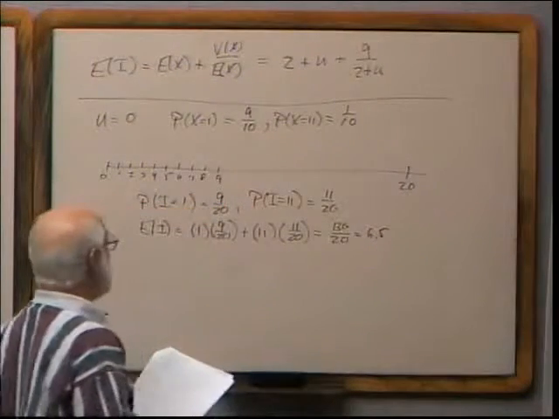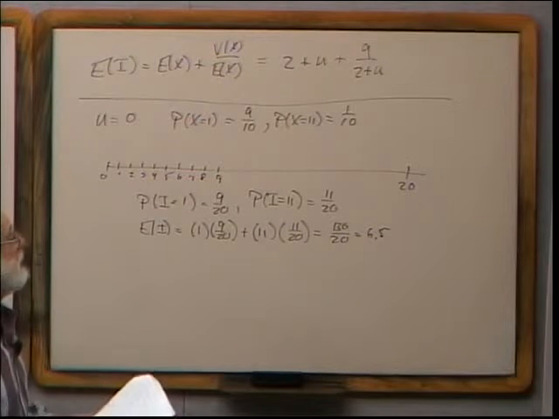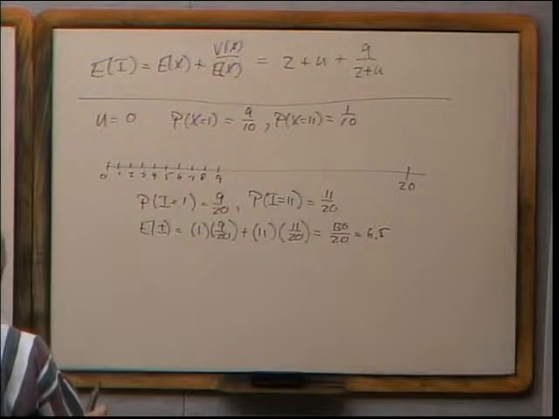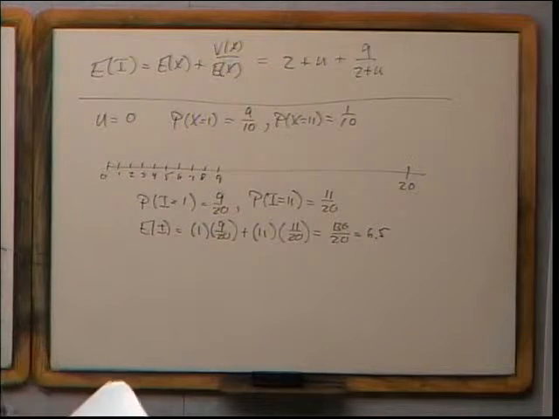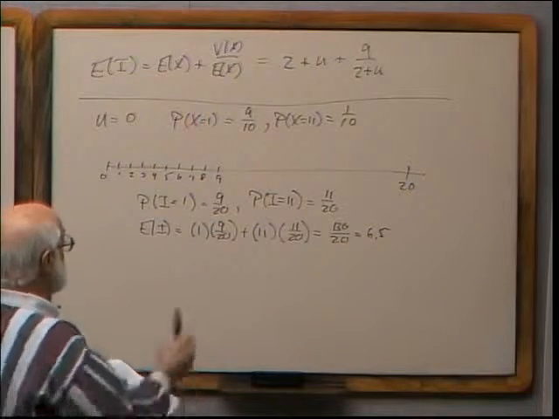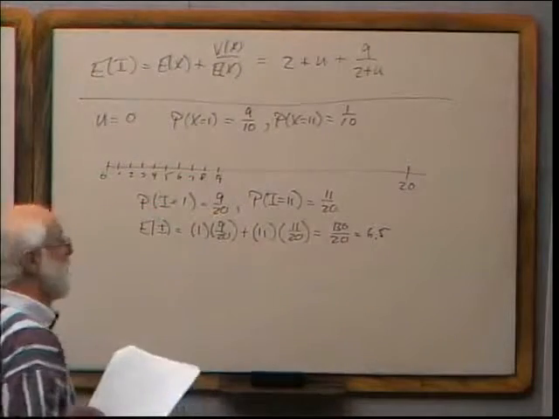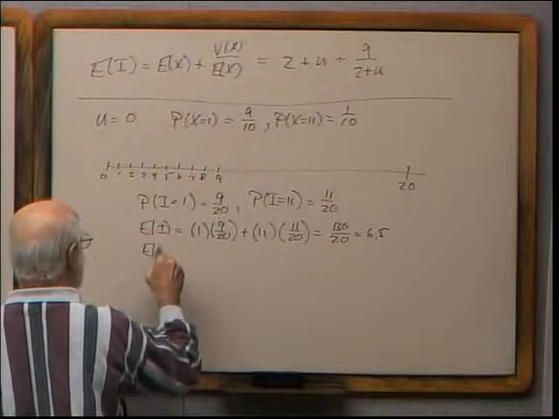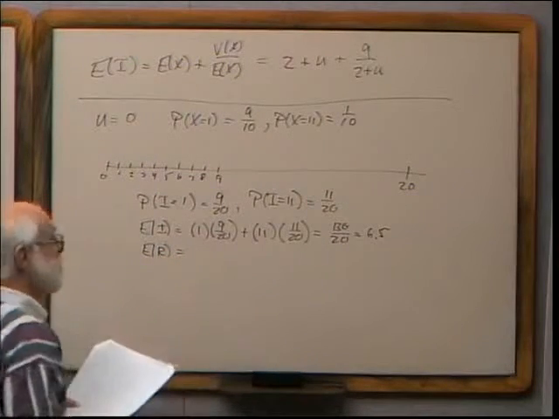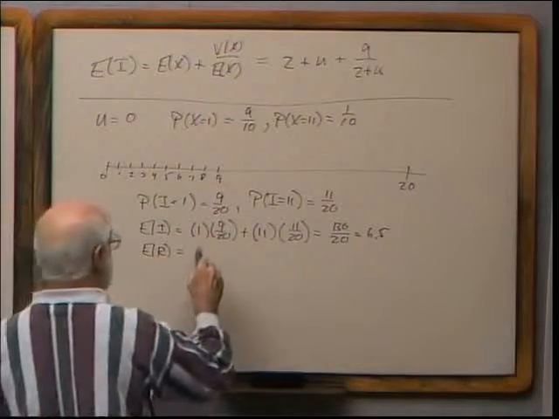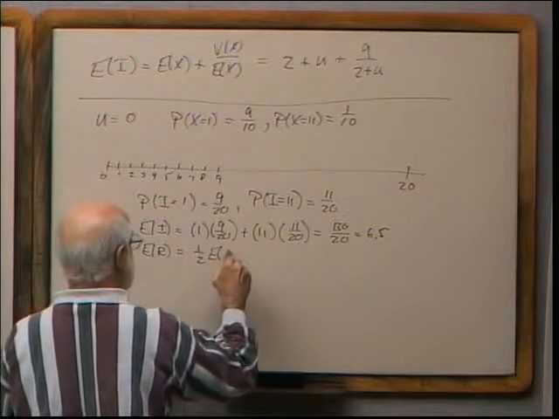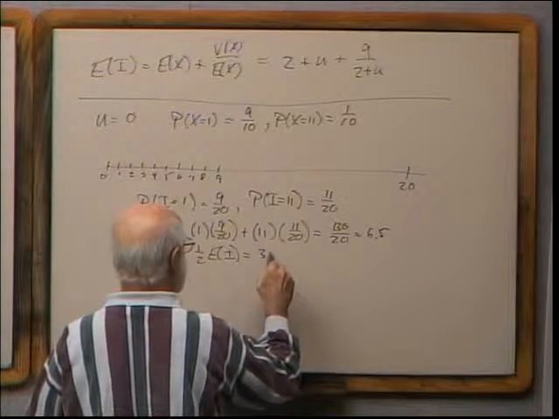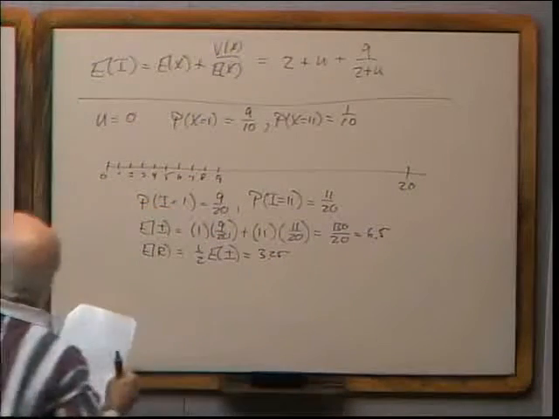So the average interrupted interval is 6.5, even though the average x we decided was 2. Now, the average r is 1/2 of the average I, so that would be 3.25. The average remainder, the average time you have to wait for the taxi, is 1/2 E of I, by symmetry. So that's equal to 3.25, and that's the value that I drew on the graph right over here.